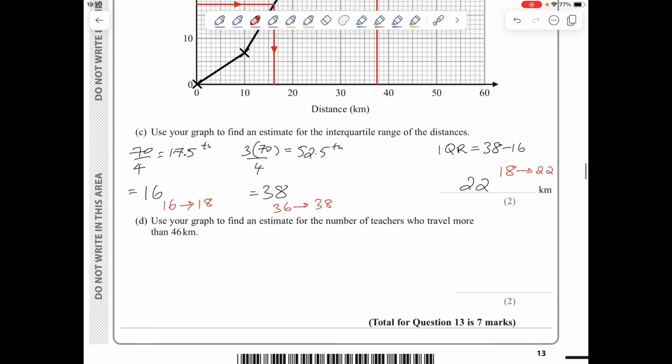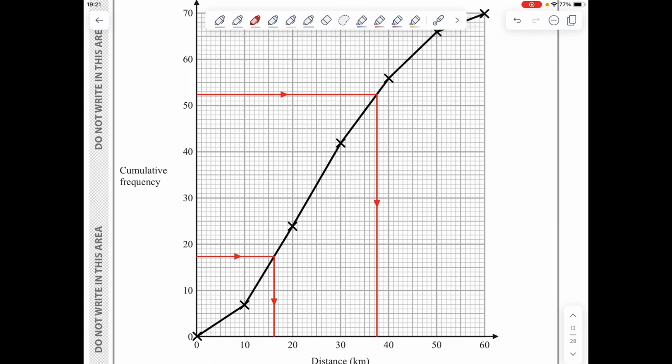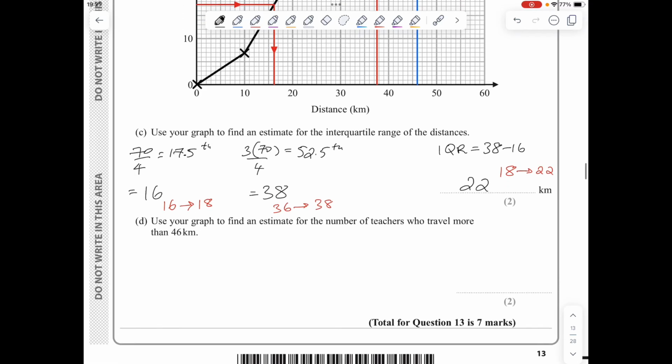For part D, I'm going to use the graph to estimate the number of teachers who travel more than 46 kilometers. So now I'm going to do the reverse. I'm going to go on the distance axis, locate 46 and find the corresponding cumulative frequency. So from the graph, I get a reading of 62, but these are the number of teachers that travel less than 46.